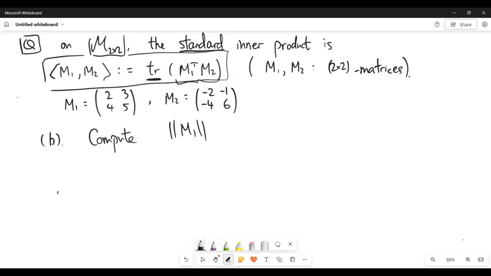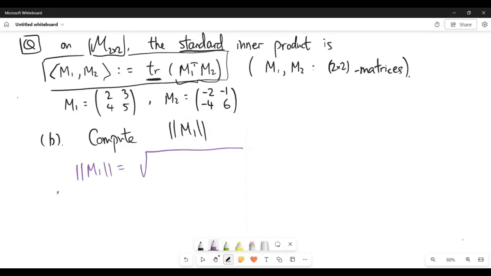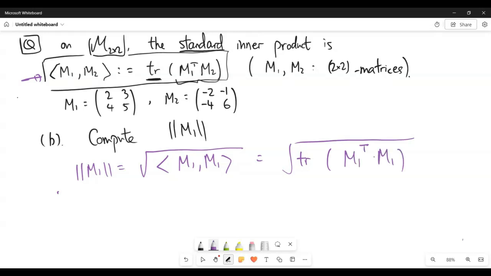We can next try to compute the norm of the vector M1. Please recall the definition: the norm of M1 is the square root of the inner product of M1 with itself. In the current problem, the inner product is defined inside the black box, meaning you have to compute the trace of the matrix product M1 transpose times M1. Now it's a computational issue. You have to compute the matrix product M1 transpose with M1 itself.